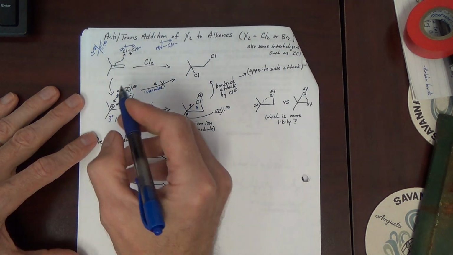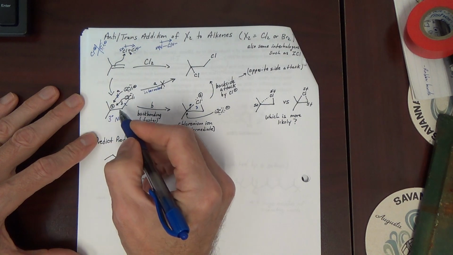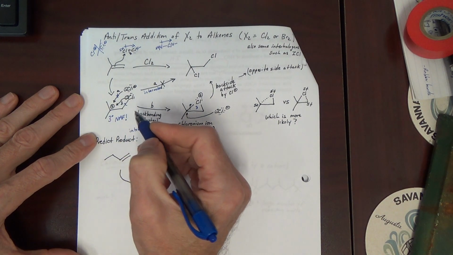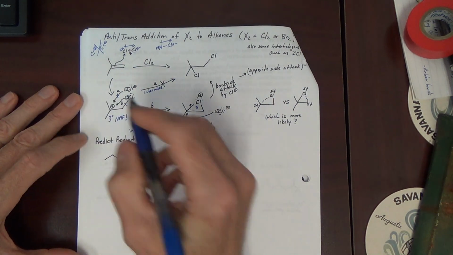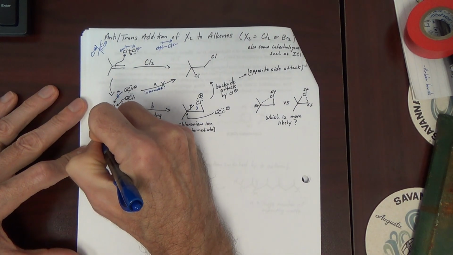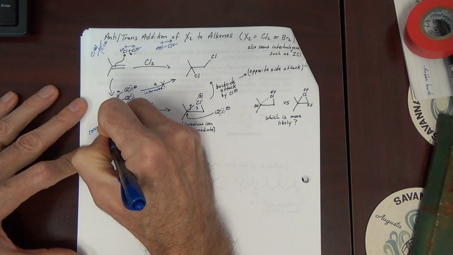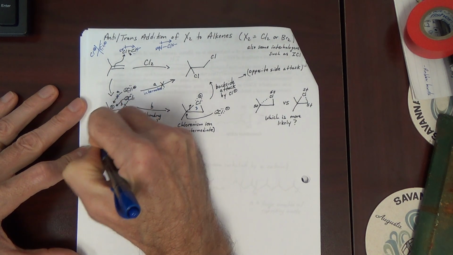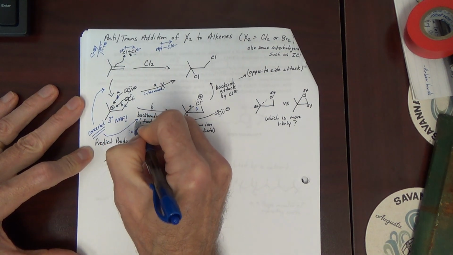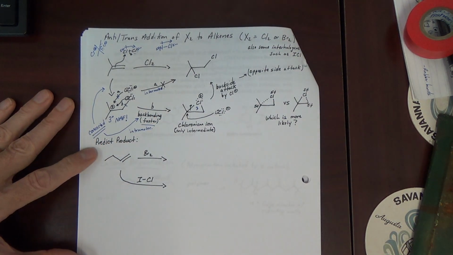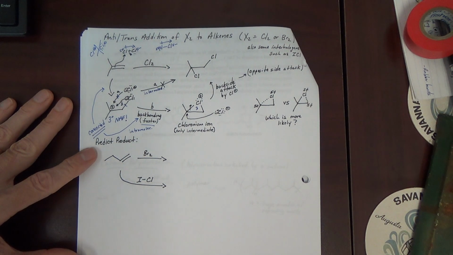Now, this is not actually formed because these first two steps are concerted. This step and the back bonding step are concerted. What does that mean?